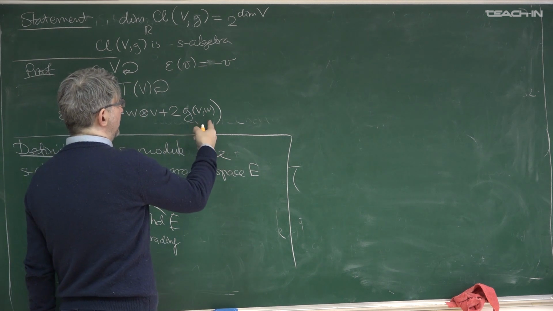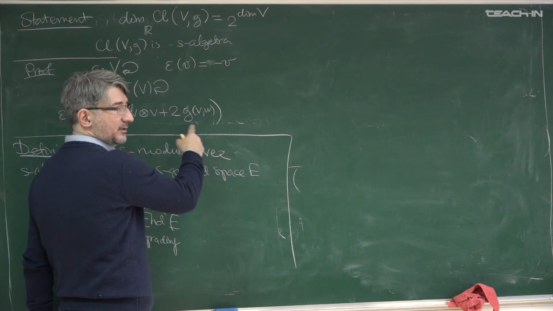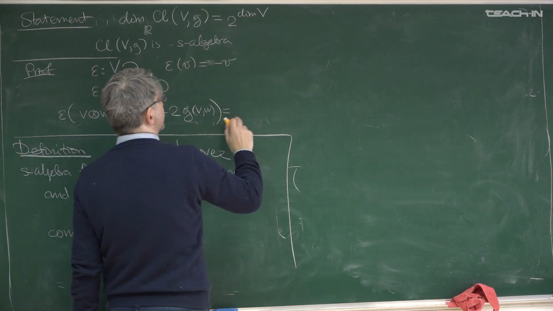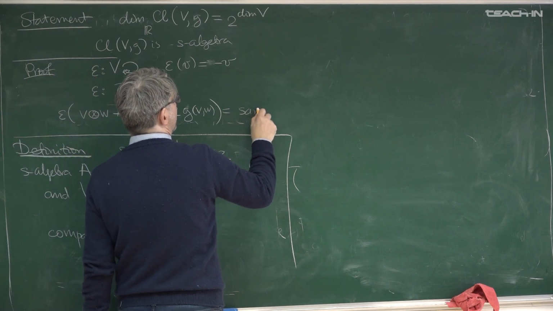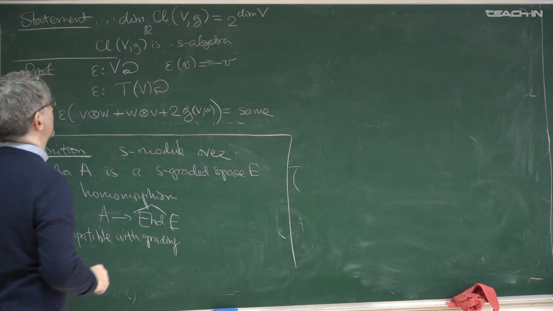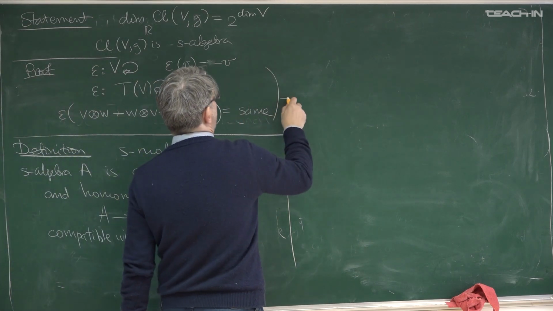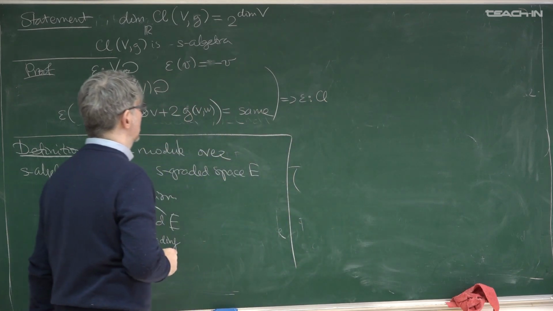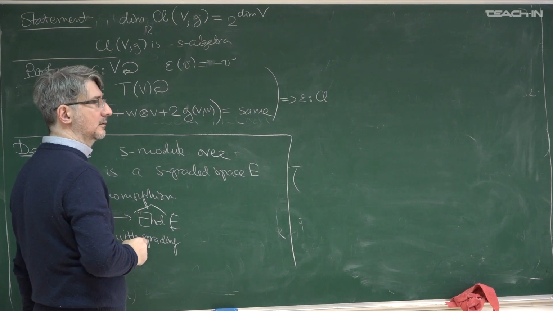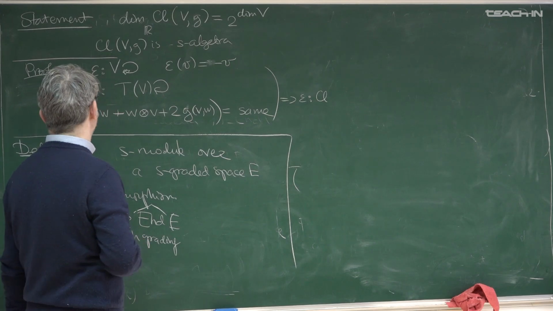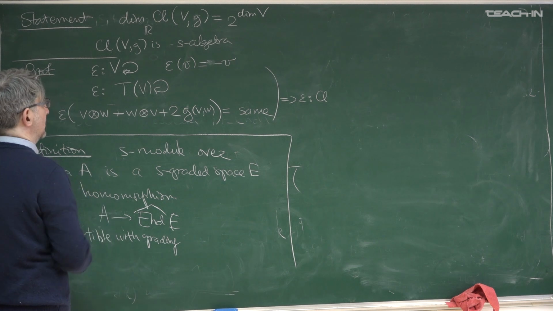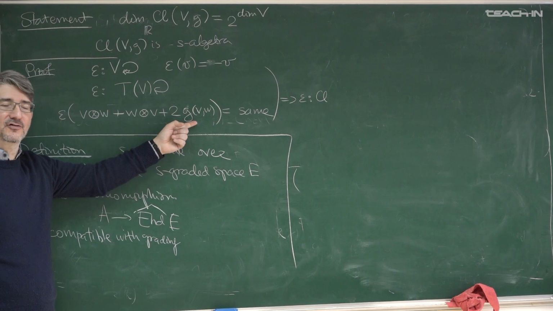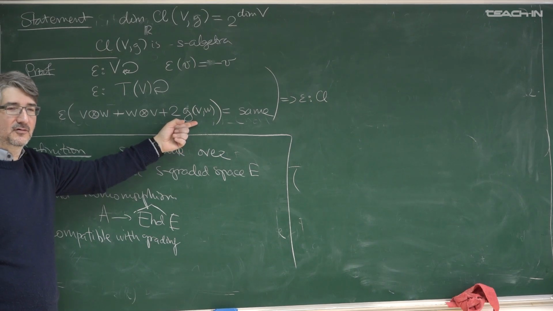Here, it is a number, so there is no reason to change the sign, since G is bilinear. We change sign here, but not here, because it's just a number.